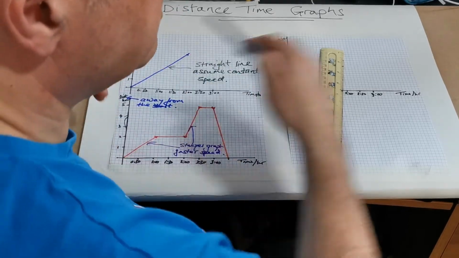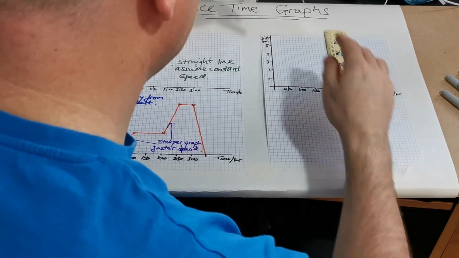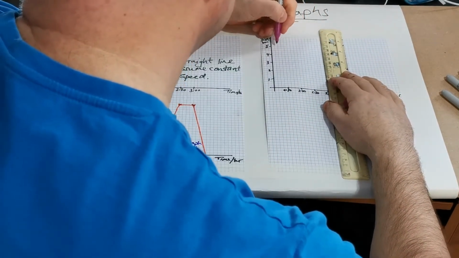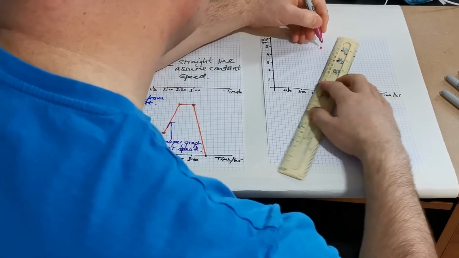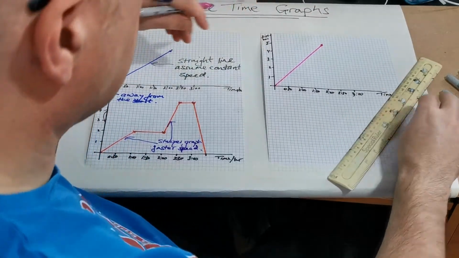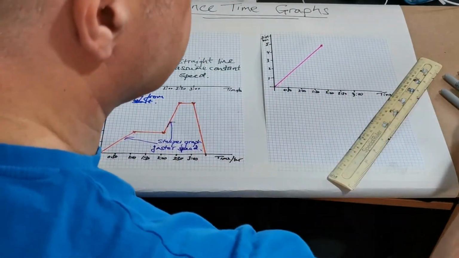So thinking about speed, maybe we ought to think about speed a little bit more. So say on this one I travelled for 2 hours and I travelled 5 kilometres.